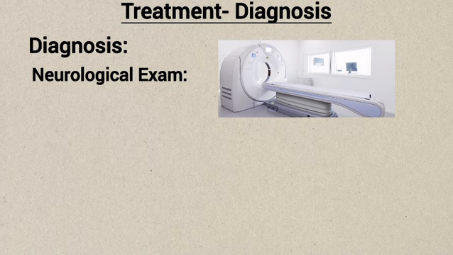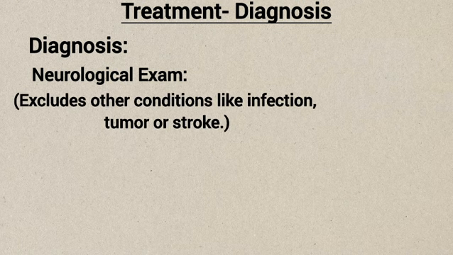So now let's talk about the diagnosis and treatment of Bell's palsy. First, if we talk about the diagnosis, the doctor would do a neurological exam to check what is causing the Bell's palsy and what is the reason behind it, or which type of it. The diagnosis is done by excluding other conditions, for example, facial weakness from stroke, tumor, or infection.